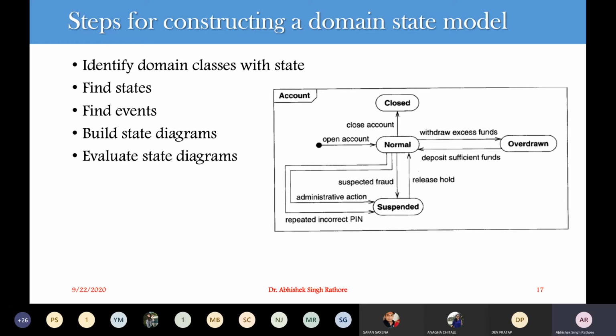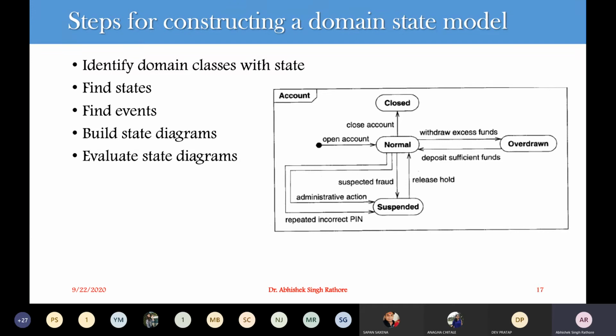Because these states usually arise from the differences between your different events. Let's say you have a particular event, and then you have another event. In between the two events you have a particular state. So while creating your states, what you can do is find the events.